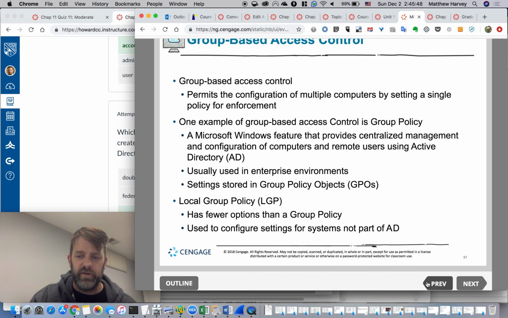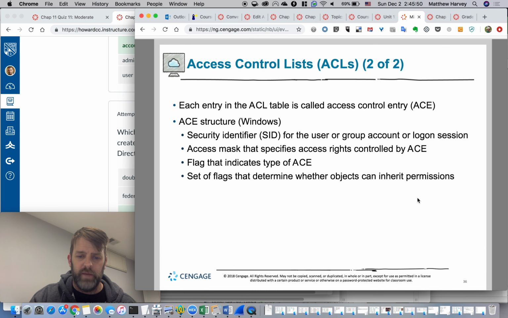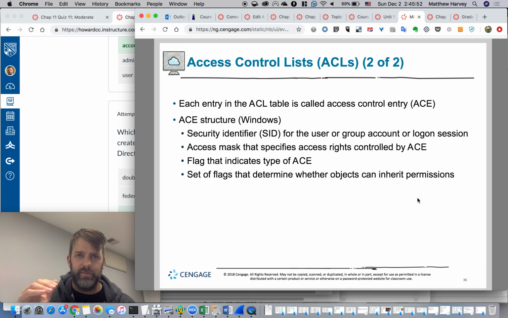The interesting thing here is about inheritance. Normally, objects will inherit permissions from a higher object. So in other words, like in my personal computer files, I have my documents, and then I have a folder inside of documents for financial documents, and I have another folder inside of that for tax information.